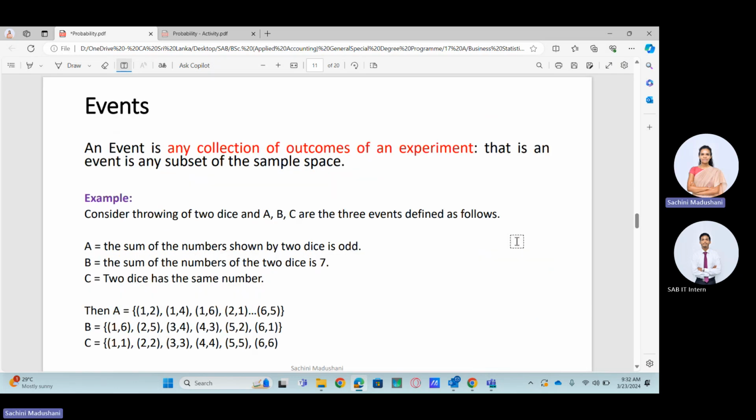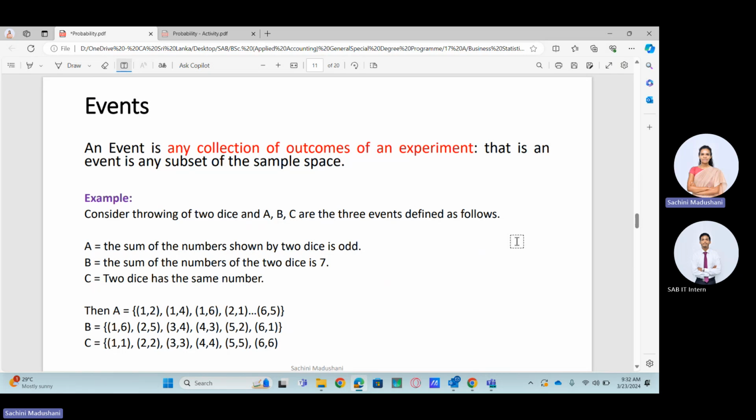Then we move on to the next one, which is the event. Now you know the random experiment and the sample space. In the sample space, we insert all the possible outcomes. Any collection of the outcomes we call an event. Think, our random experiment is rolling a dice, numbers 1 to 6.